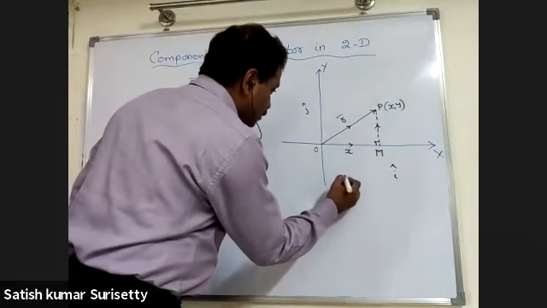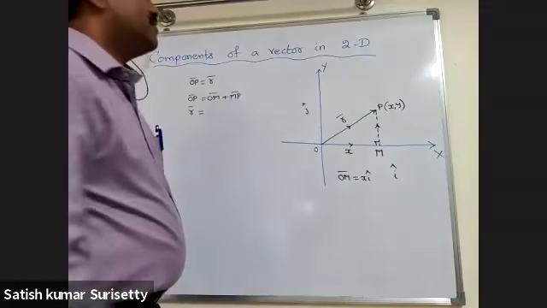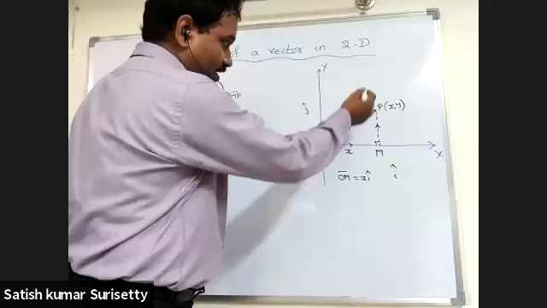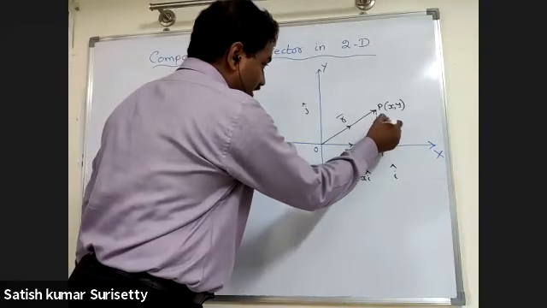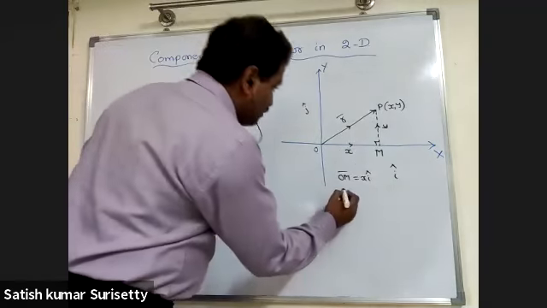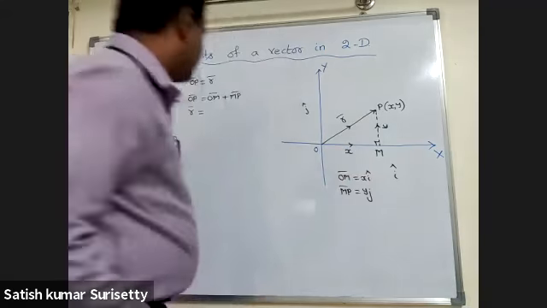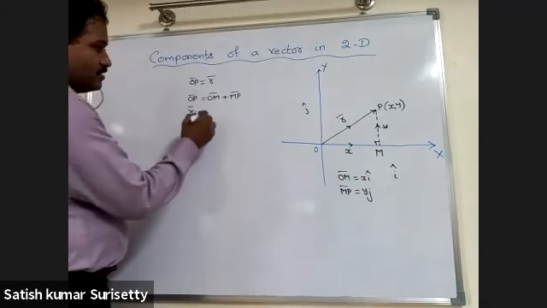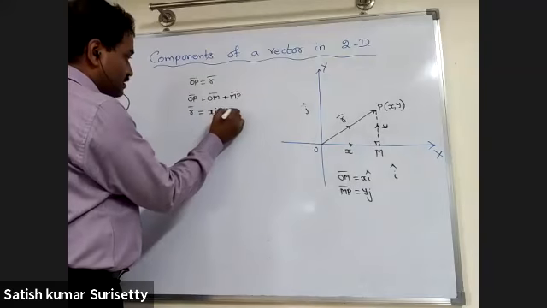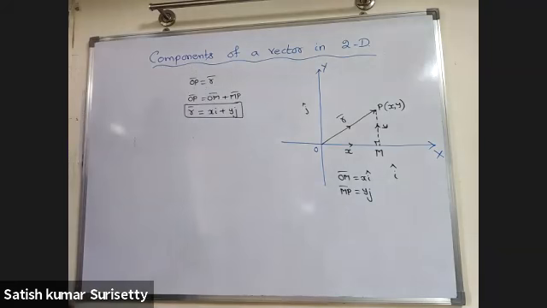That means OM bar will become x i cap. MP bar is a vector whose magnitude is y in the direction of y-axis. That means MP bar will be yj. So R bar equals xi plus yj. That is the position vector of the point P(x, y): R bar equals xi plus yj.